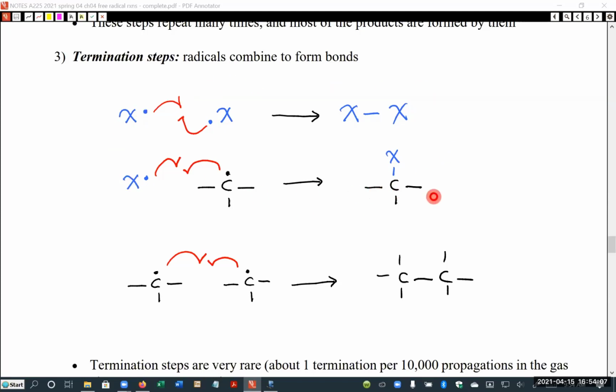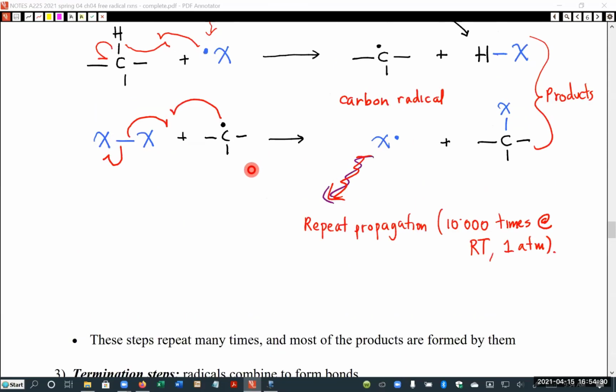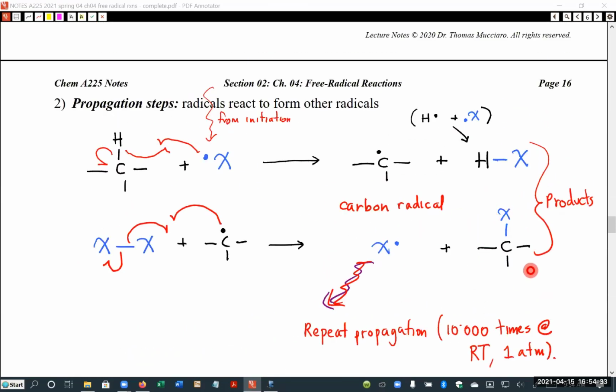Okay, now the problem with this is that if you look at our middle termination step, do you see how that also forms one molecule of our carbon product? This really confuses people. They see this and say, oh, okay, that's how we're making the product, and they ignore the fact that we make product in our second propagation step.